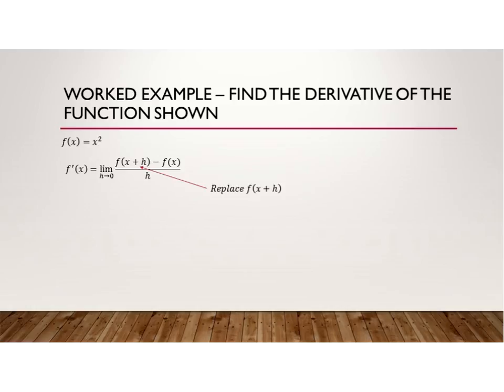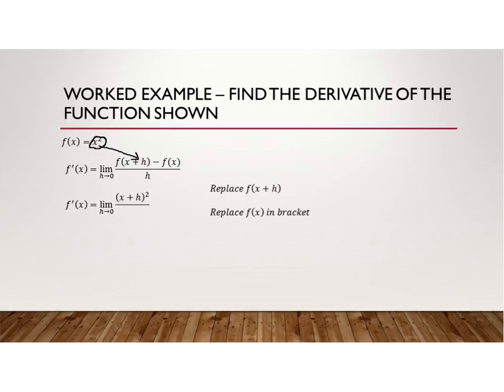So as we said before, step 1, write down the formula, because that's the first mark. If you write that down, you're off to a good start. We remember from our steps, step number 1 is replace that bit there first. So the original function was x squared. Everywhere we see an x, we have to replace it with x plus h, which means it's now x plus h squared.